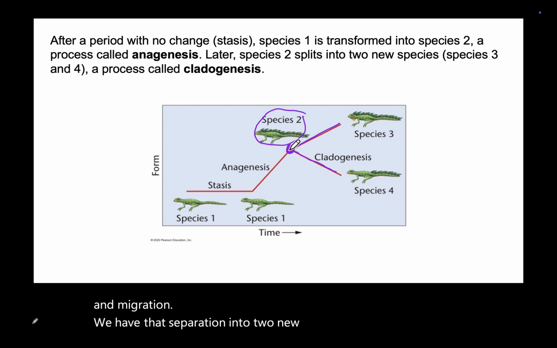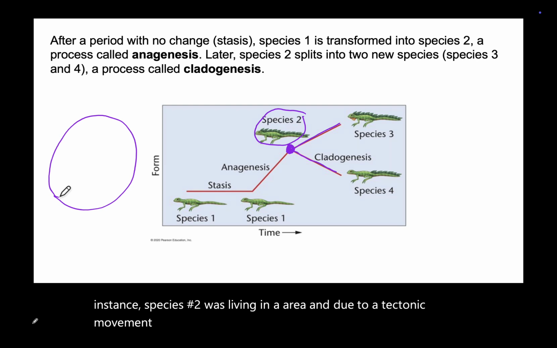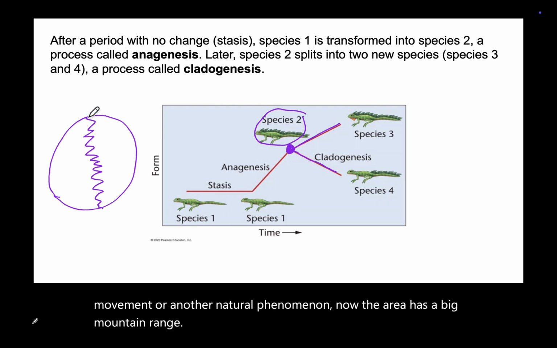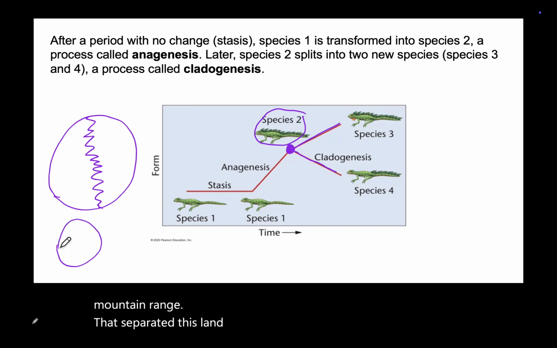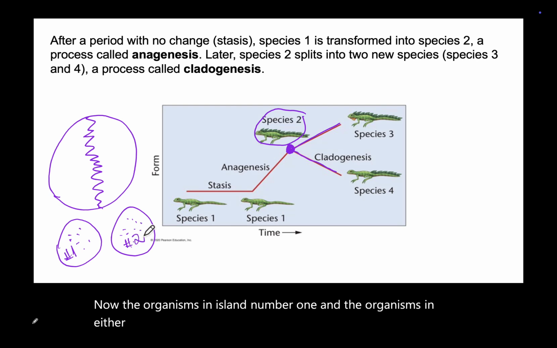Let's think that, for instance, species number 2 was living in an area, and due to a tectonic movement or another natural phenomenon, now the area has a big mountain range that separated this land into two islands. Now the organisms in island number 1 and the organisms in island number 2, they no longer meet each other.